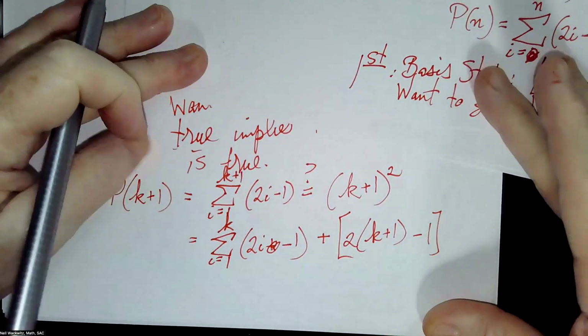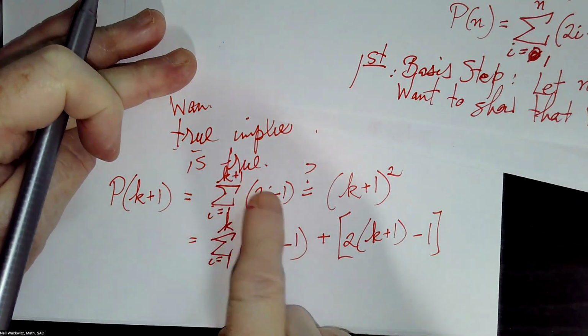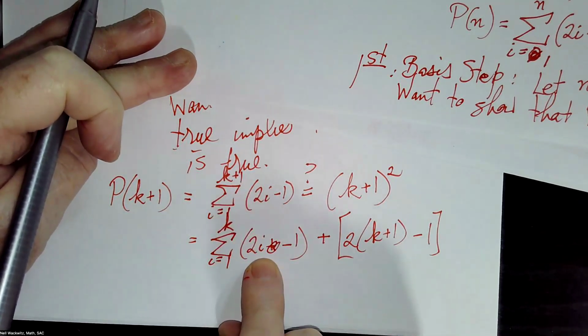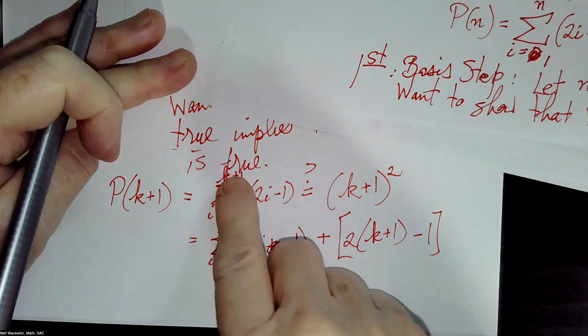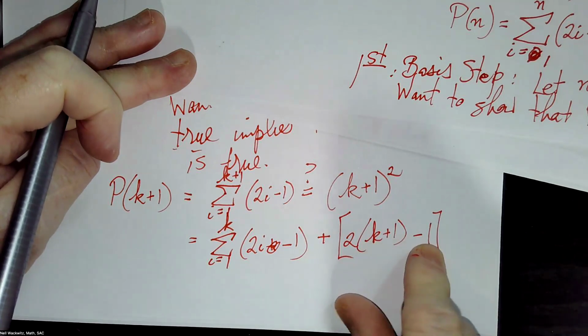Does that make sense? So I've got the first k written using the sigma notation, and then plus the last one, plus 2 times k plus 1 minus 1.